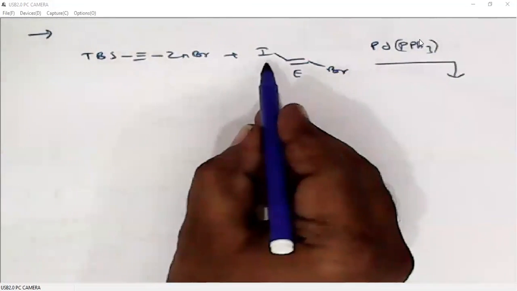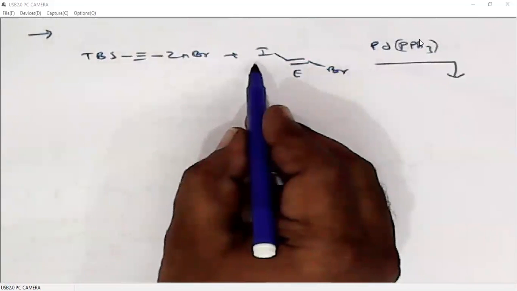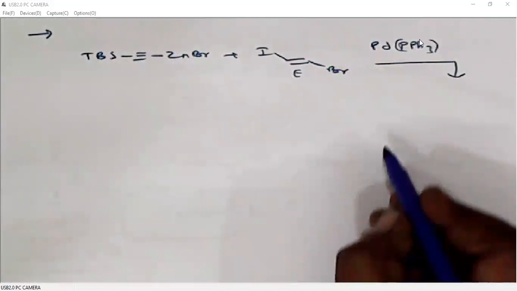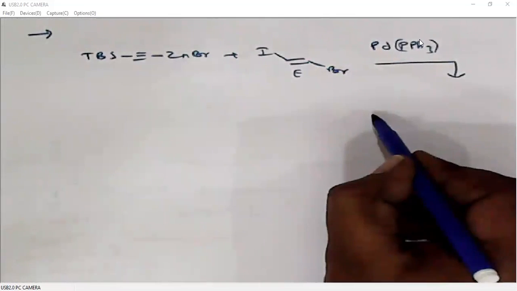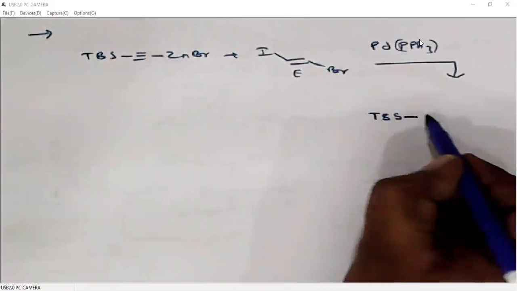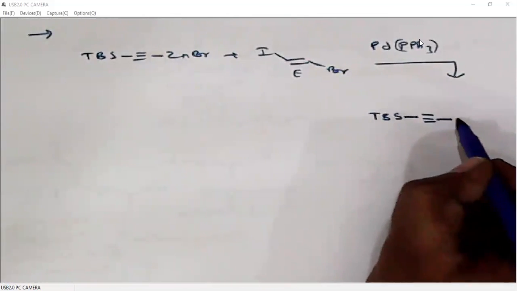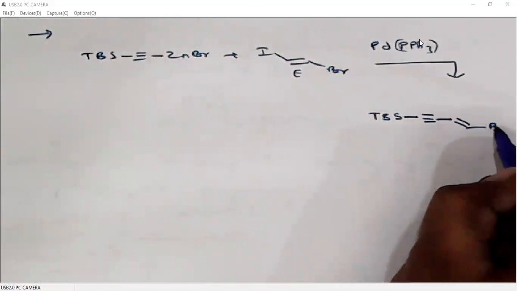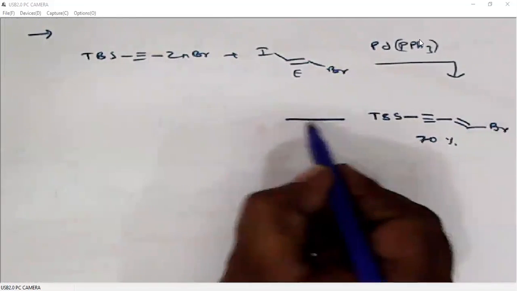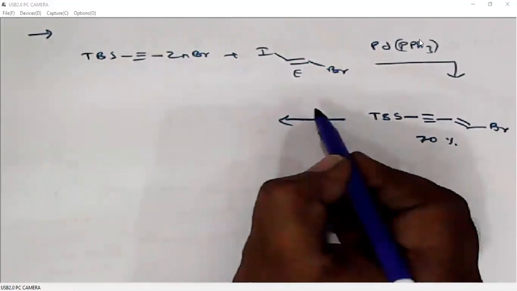Which halogen will be coupled first? Iodine or bromine? Of course, iodine, right? Iodine is the most reactive in coupling compared to bromine. So we do get this product. Then again we will repeat the Negishi coupling.